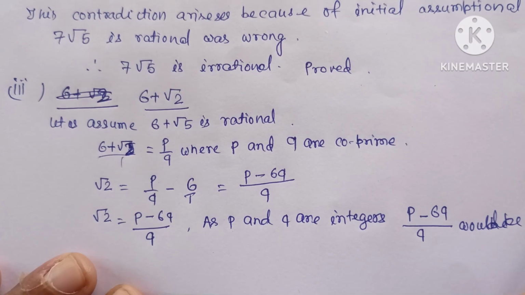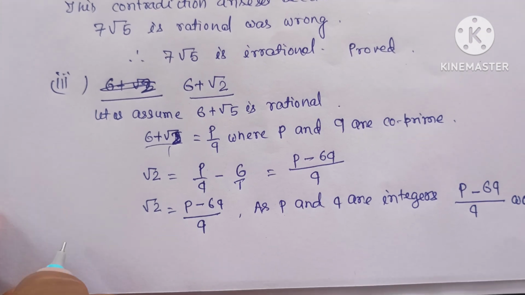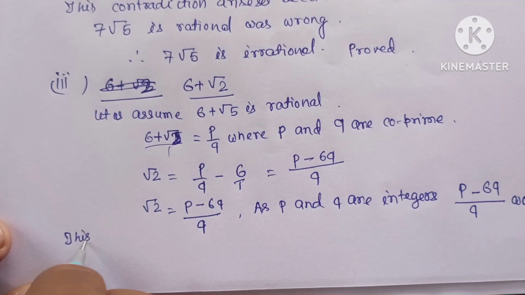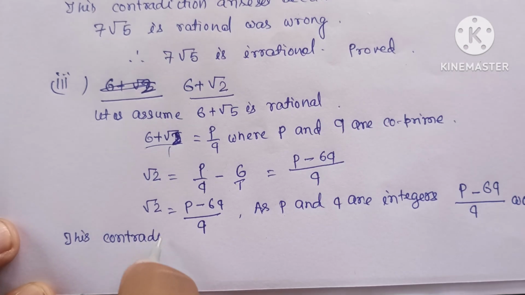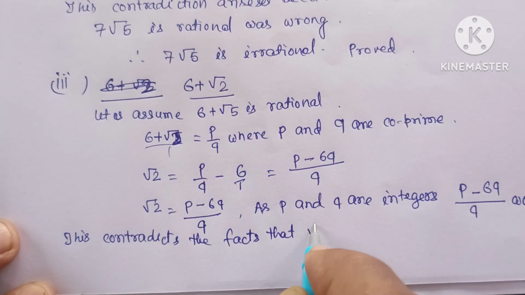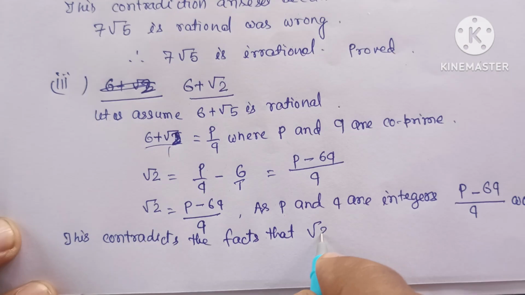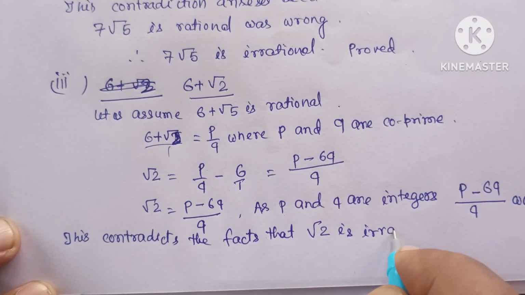Okay, fine. Now this contradicts. This contradicts the fact that root 2 is irrational.